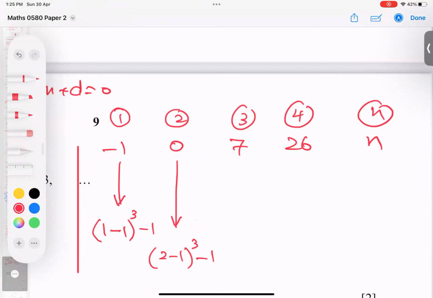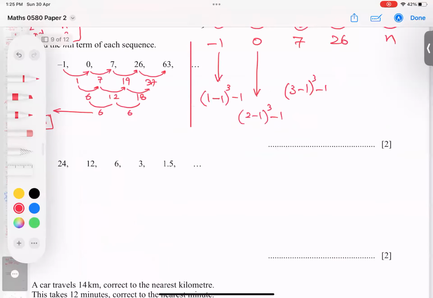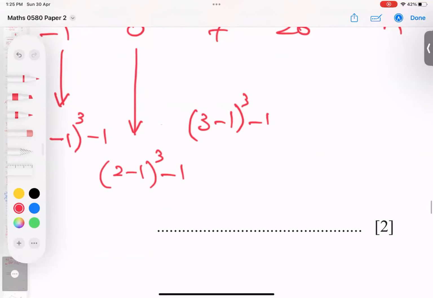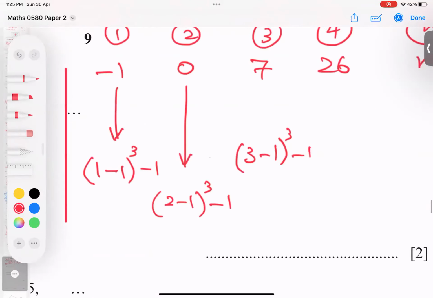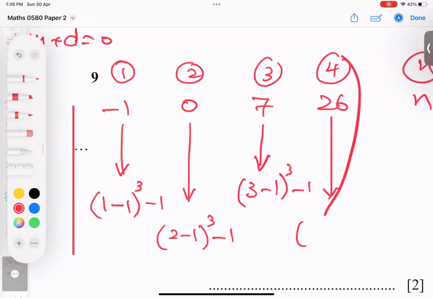Now check this number, I'm writing here (3 minus 1) to the power 3 minus 1. Check it. 3 minus 1 gives 2, 2 to the power 3 is 8, 8 minus 1 is 7, matching. And what about this? Check this also. I'm putting this 4.